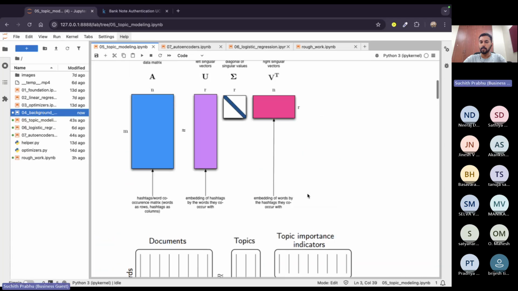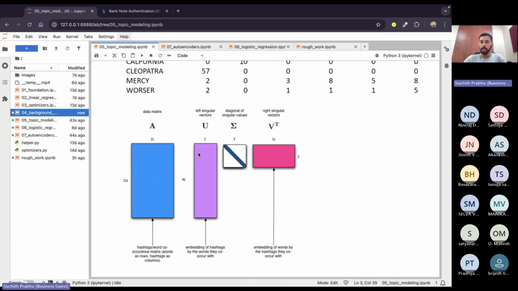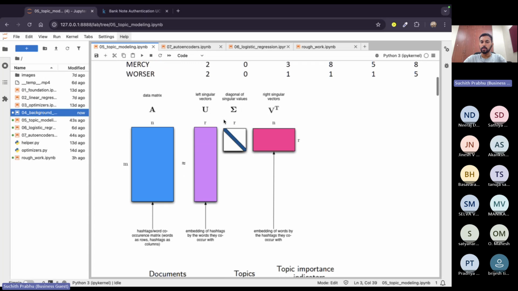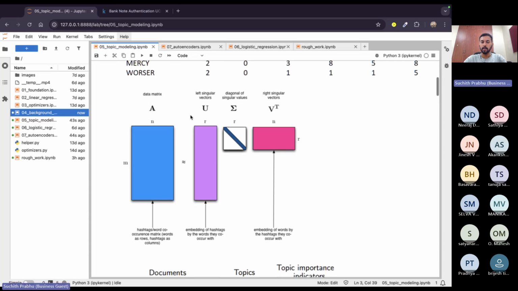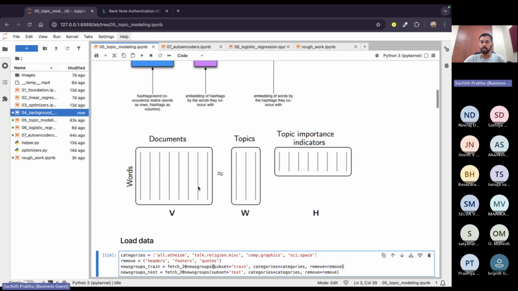Instead of what we did earlier, where we applied some maths, came up with an optimization function, and did that optimization to get the eigenvalues, where the way to decompose is you take A transpose A and find the eigenvalues, we'll take a different route.